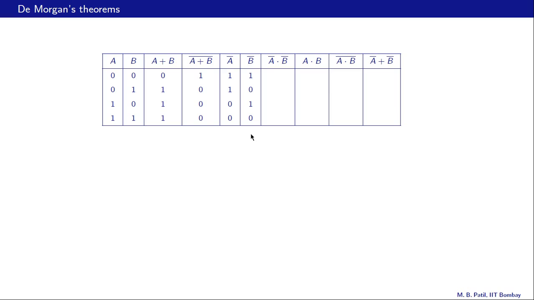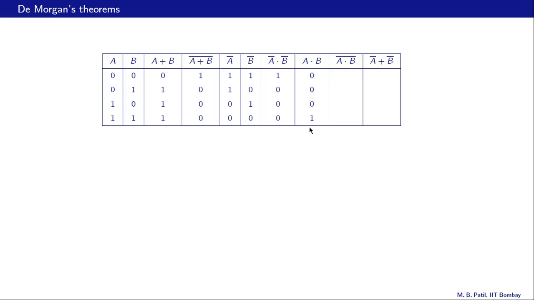A bar and B bar, this will be 1 only when A bar is 1 and B bar is 1, otherwise it would be 0. So it would be 1 here and 0 otherwise. A and B, this would be 1 if A is 1 and B is 1 and 0 otherwise. What about A B whole bar?